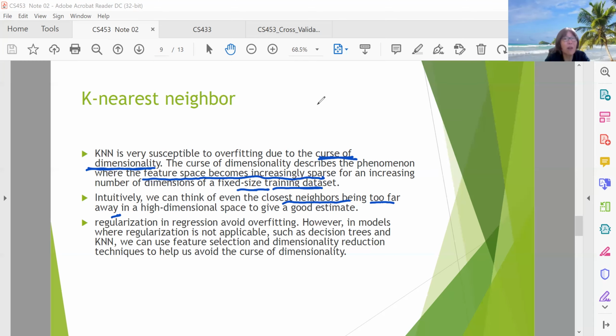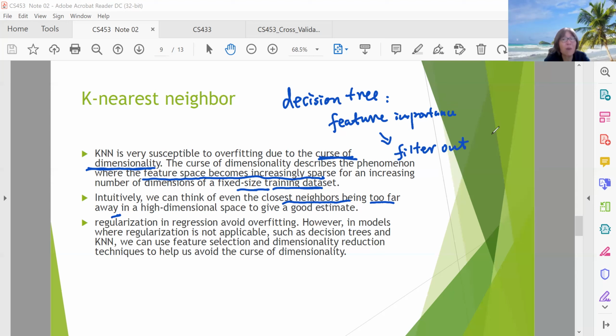If you recall in decision trees, we said a decision tree can also give you feature importance. If you have too many features, you can use the feature importance to filter out some of the features that are not important.